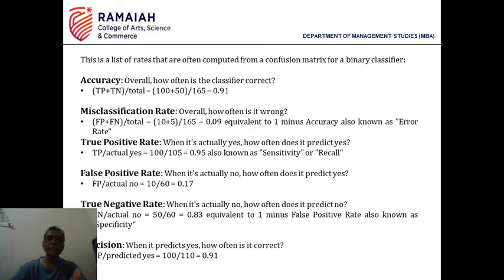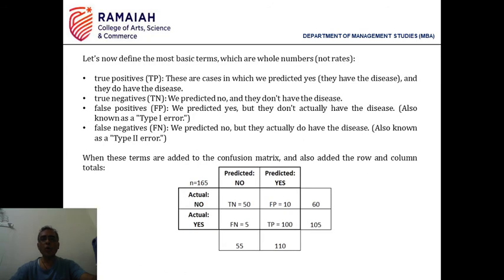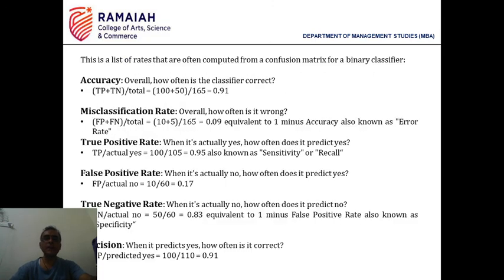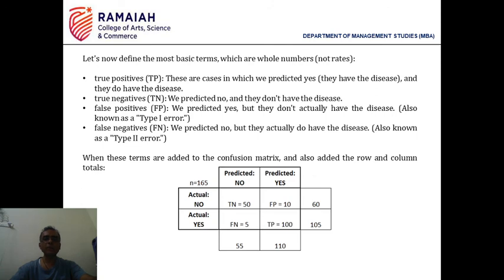The true positive rate: when it is actually yes, how often does it predict yes? The true positive is 100 divided by 105 actual yes cases, which is equal to 0.95, also known as sensitivity or recall. Now the false positive rate: when it is actually no, how often does it predict yes?